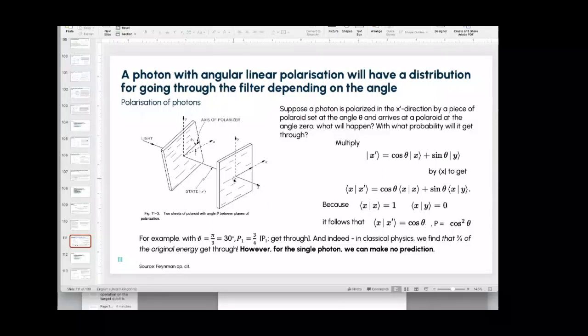Now you have basically shifted the polarization and put it into state X prime, which is basically state X adjusted by the angle of rotation theta.